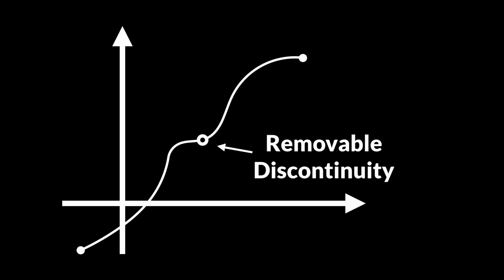The first one is a removable discontinuity, and that's basically where the limit from both sides exists. However, there is no value for the function at that point. So this is pretty much when we have a smooth continuous function except for one hole in the middle of the function. So that's a removable discontinuity.